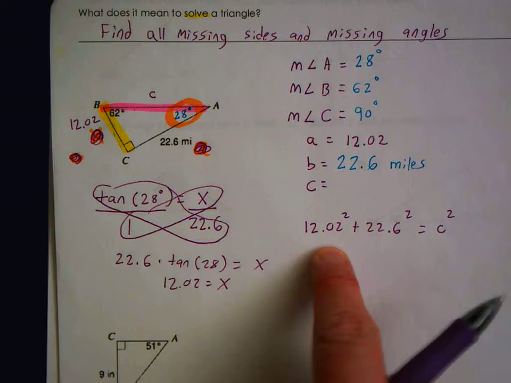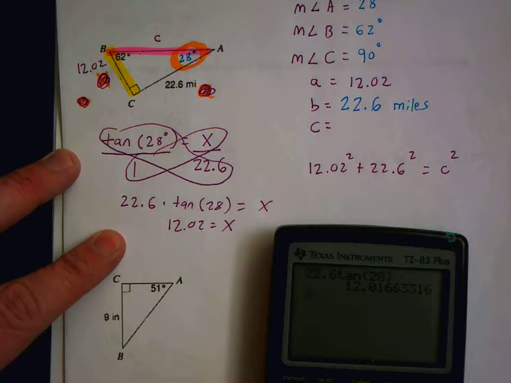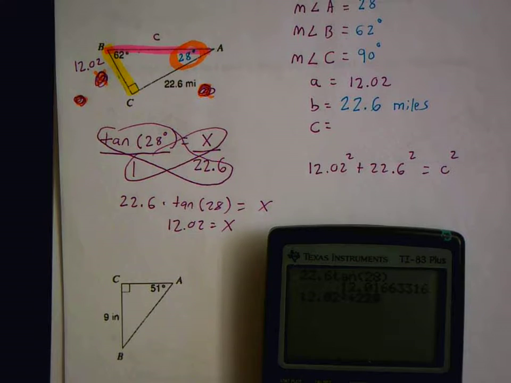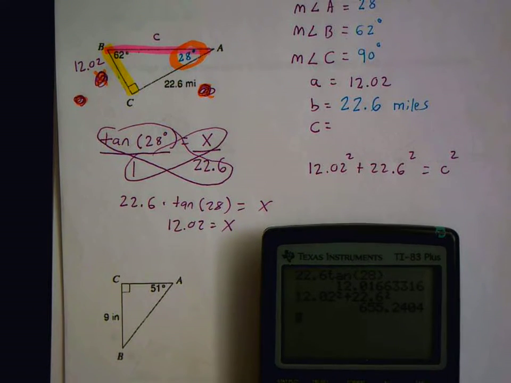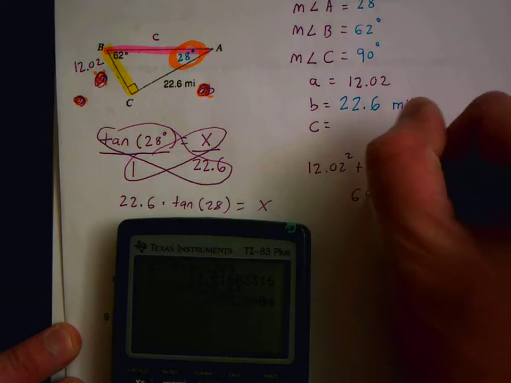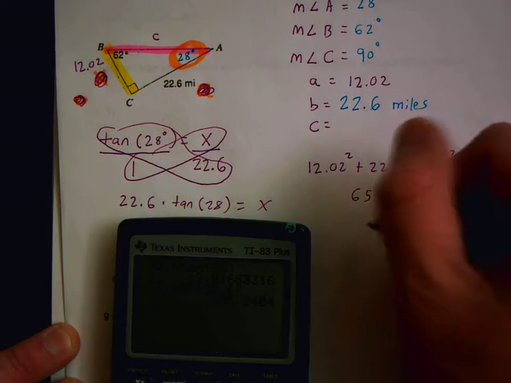I'm going to type 12.02 squared plus 22.6 squared in my calculator. 655.24.